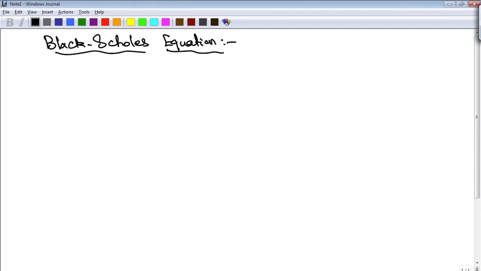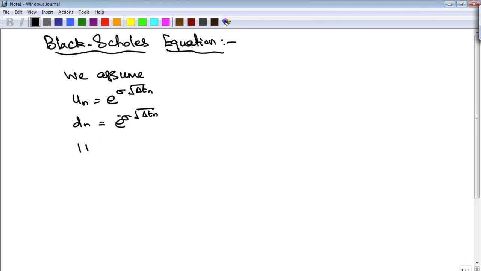We assume that the parameters un, dn and r are of the form un is equal to e power sigma root delta tn and dn is equal to e power minus sigma root delta tn, and as usual 1 plus rn is equal to e power r delta tn.